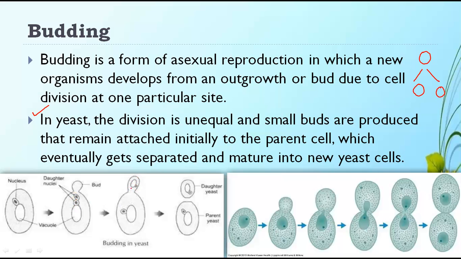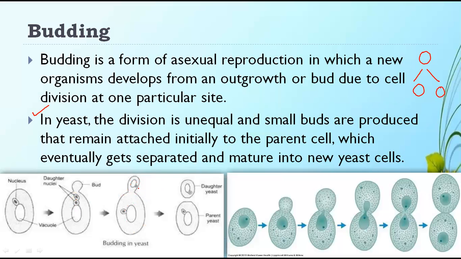The daughter nucleus goes and settles itself in this bud area. Once it gets mature, it can get detached from its place. So it gets separated from the parent organism.